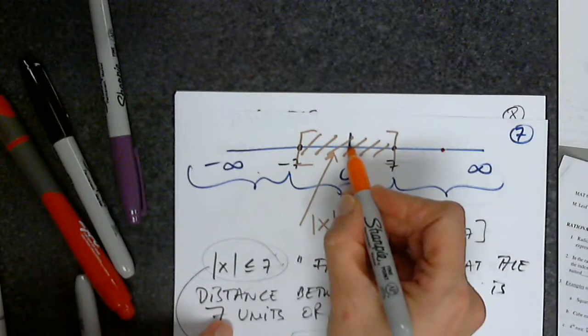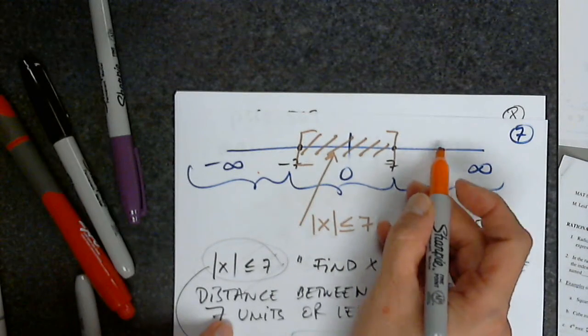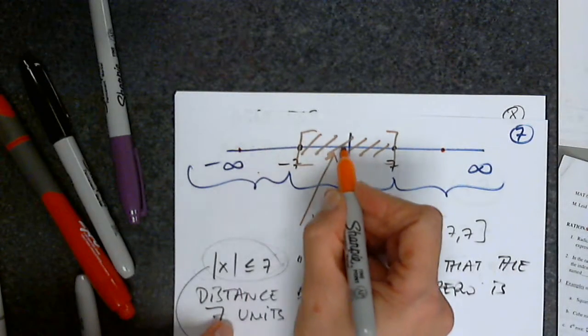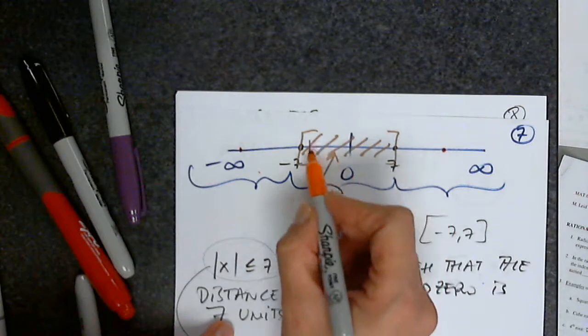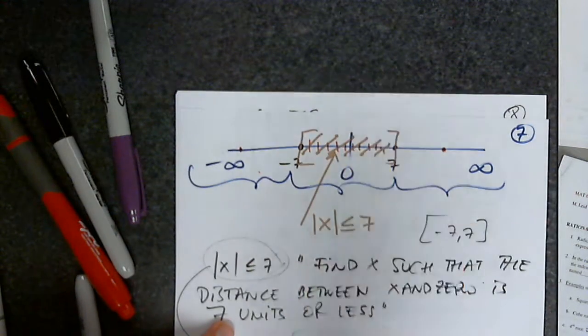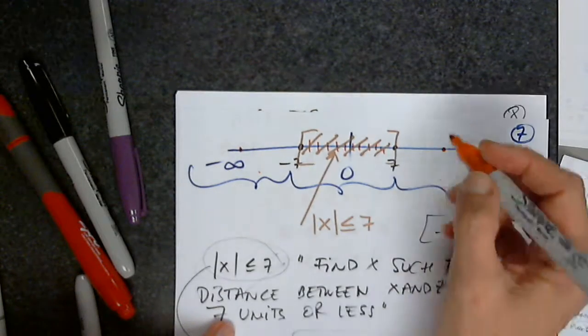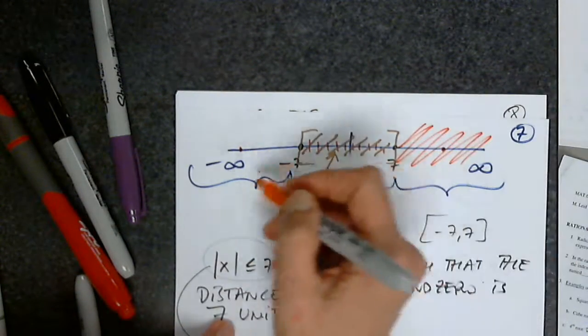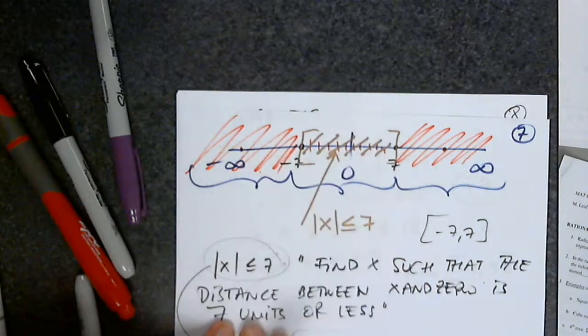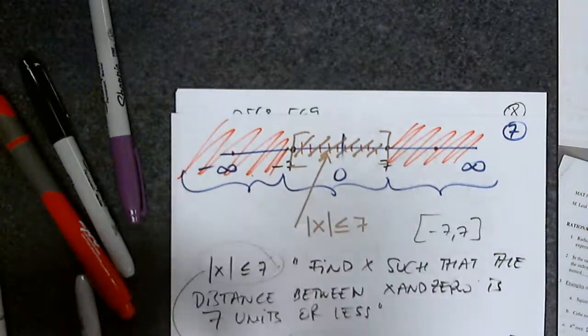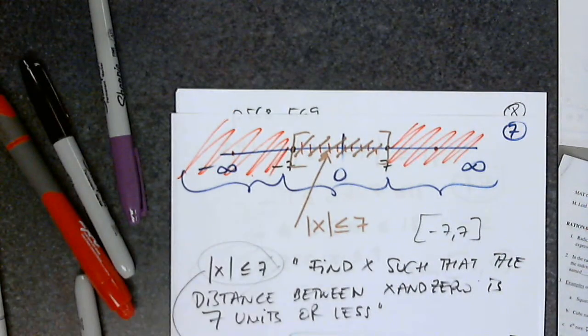This number has a distance from 0 more than 7. This number has a distance from 0 more than 7. All these numbers here have the distance less than 7 from 0. So obviously it's going to be here as well as here. And something like this we've seen in section 9.1. Which keyword will that work with? Very good. Union or.